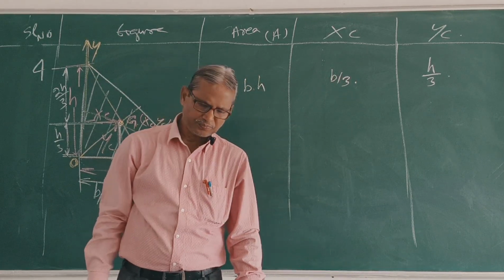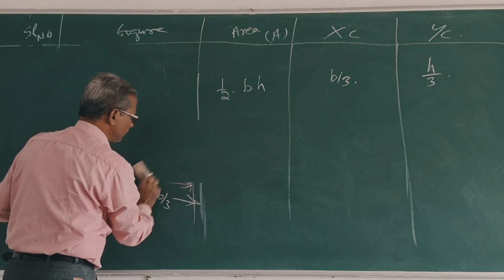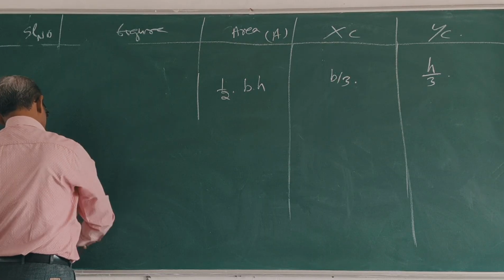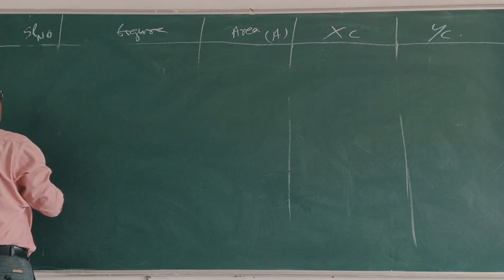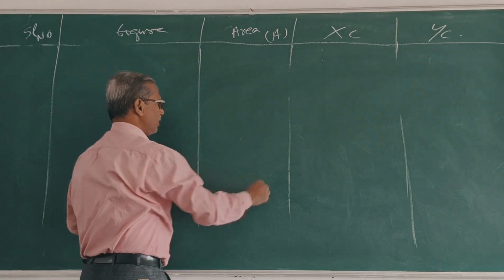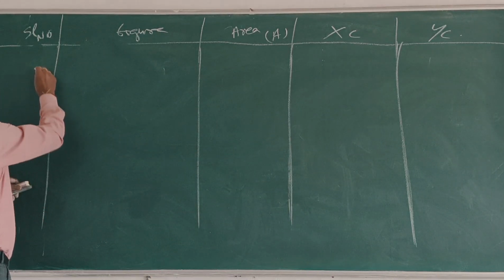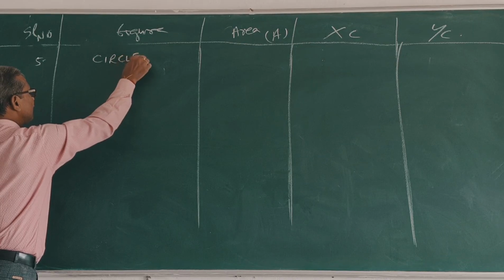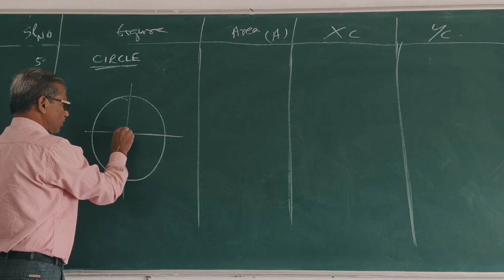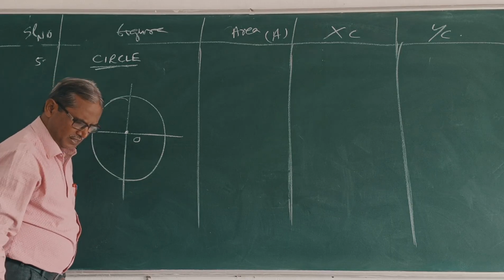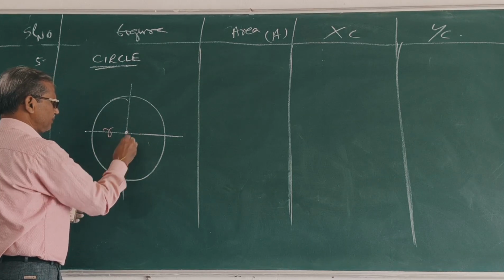Next, circle number 5. Suppose this is a circle with center O and radius R. Here, this is the CG point, where two diameters cross each other.